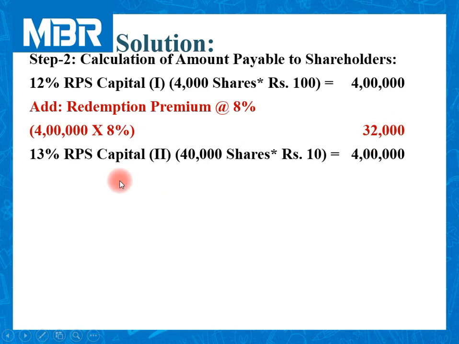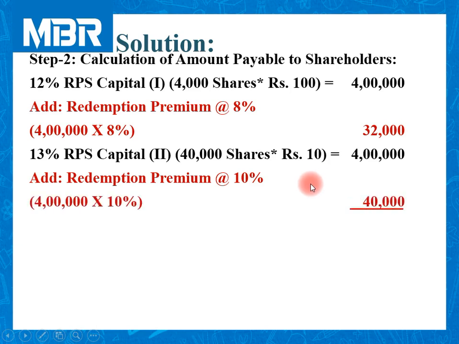13% RPS capital, or you can say RPS capital 2: 40,000 shares multiplied by face value of the share rupees 10, total amount 4 lakhs, and 13% RPS capital is redeemable at 10% premium. You can check the additional information. It is clearly mentioned.